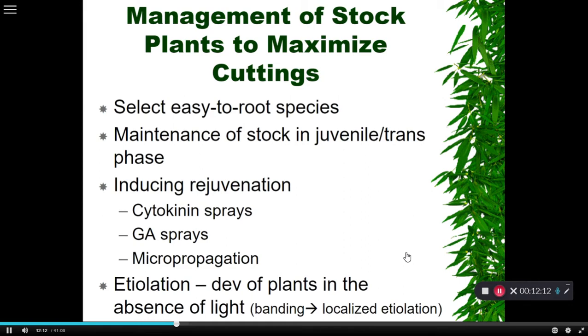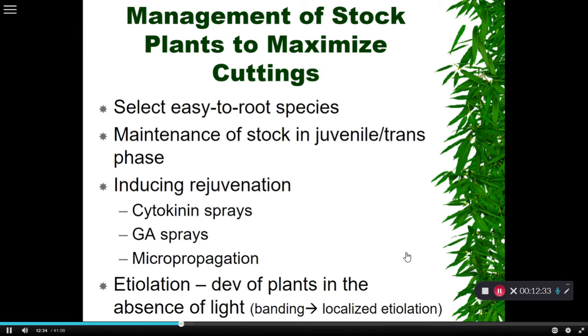The new growth as it emerges exhibits greater juvenility. So yes, this has been demonstrated in some plants. Greater juvenility once it's trimmed and afterwards treated with a cytokinin solution.